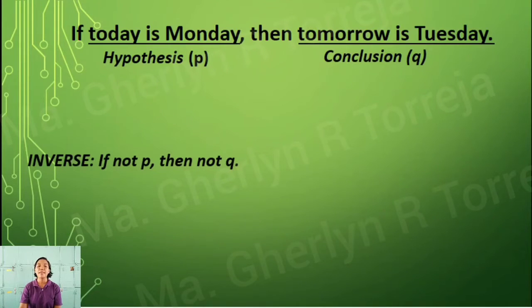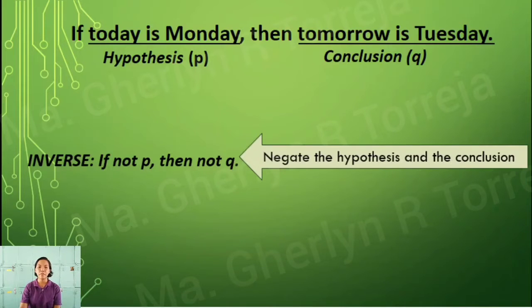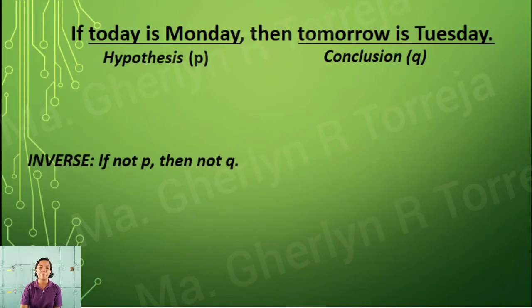To find the inverse, which is if not P, then not Q. So, may word na tayo dito na not. Ibig sabihin, nagne-negate na po tayo. We are going to negate the hypothesis and the conclusion. So, please, sundan ang example natin para makuha nyo yung step-by-step na procedure on how to write the inverse of our conditional statement.